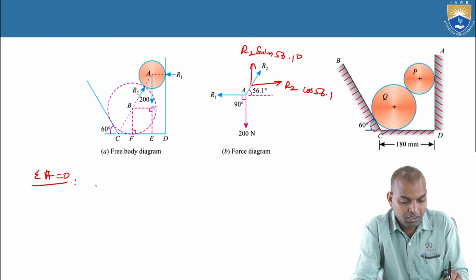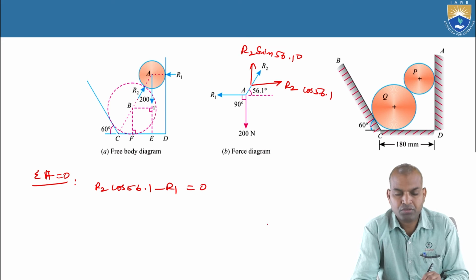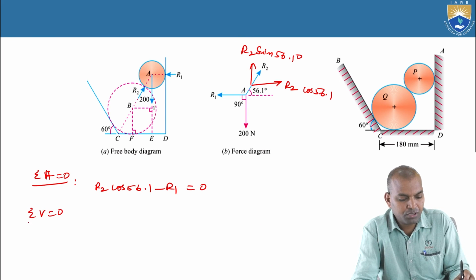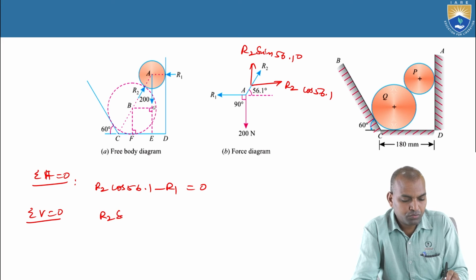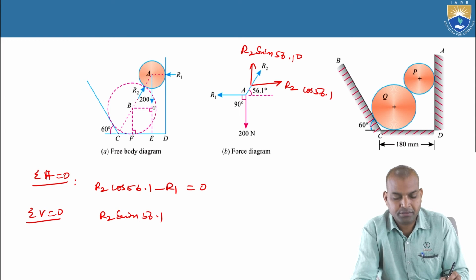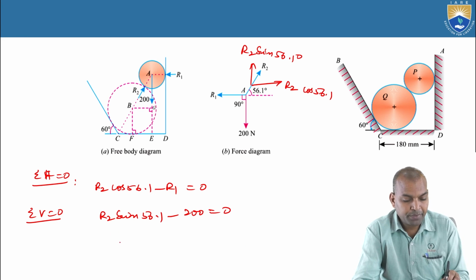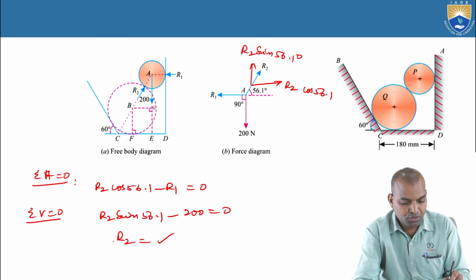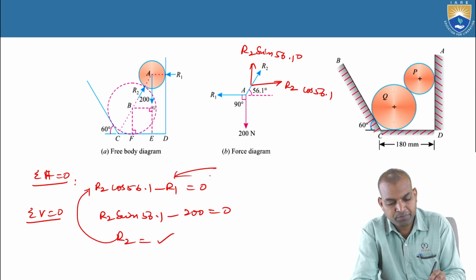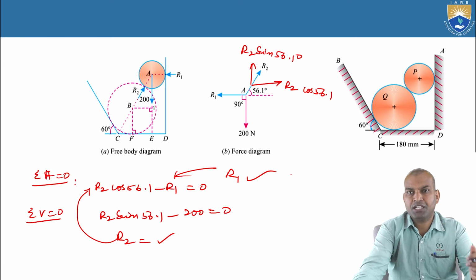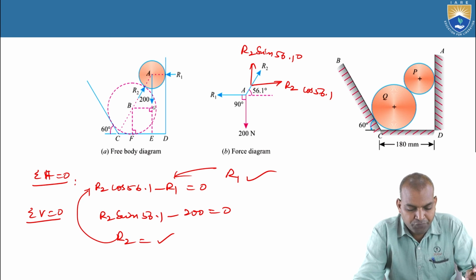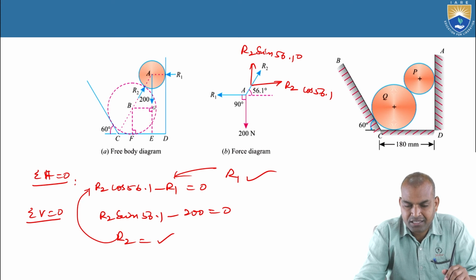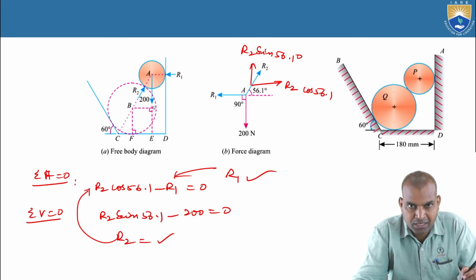Sigma h equal to 0, that is R2 cos 56.1 degree minus R1 equal to 0. Next is sigma v equal to 0. What is sigma v? R2 sin 56.1 minus 200 equal to 0. From that what will come? R2 comes. Substitute the value of R2 here, then R1 can be calculated. These are the equilibrium conditions. After knowing R1, R2, we calculate it directly here. Very simple. No need to go for Lami's theorem also.